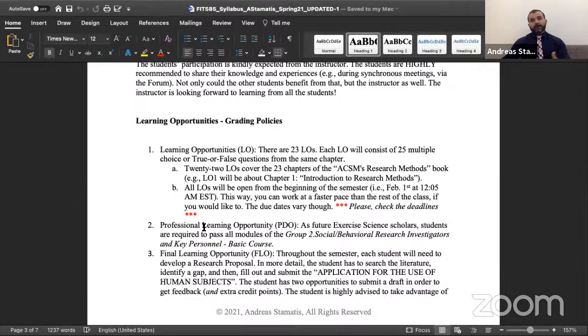You can go fast, you can go slower. You cannot submit something past the deadline. But I'm giving you the opportunity to be proactive and to manage your own time. So if you want to go faster this week, you want to do some more LOs because next week you won't be able, for whatever reasons. You have a major project at work or another course.